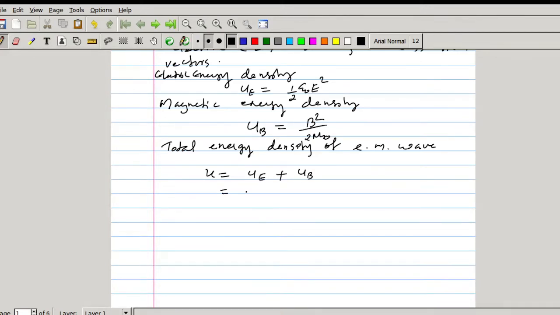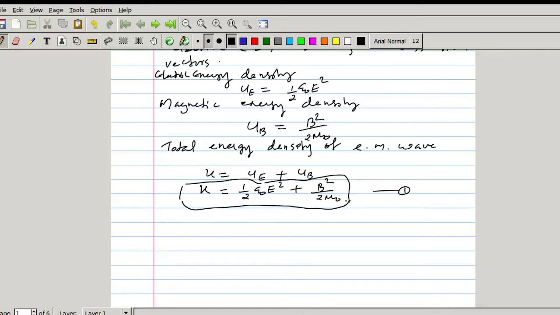What is U electric? Half epsilon 0 E square, plus U magnetic, B square by 2 mu 0. So this equation represents the total energy density carried by the electromagnetic wave. I am taking this as equation number 1: half epsilon 0 E square plus B square by 2 mu 0.